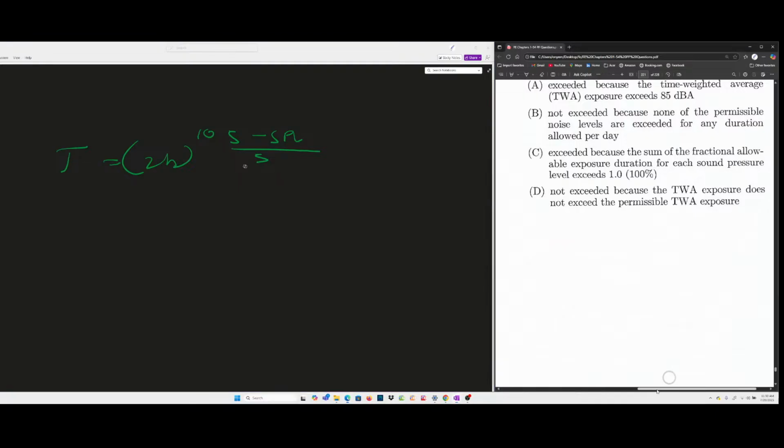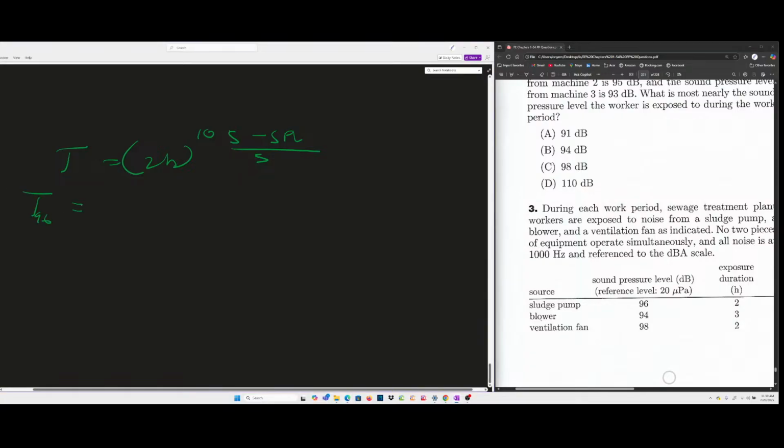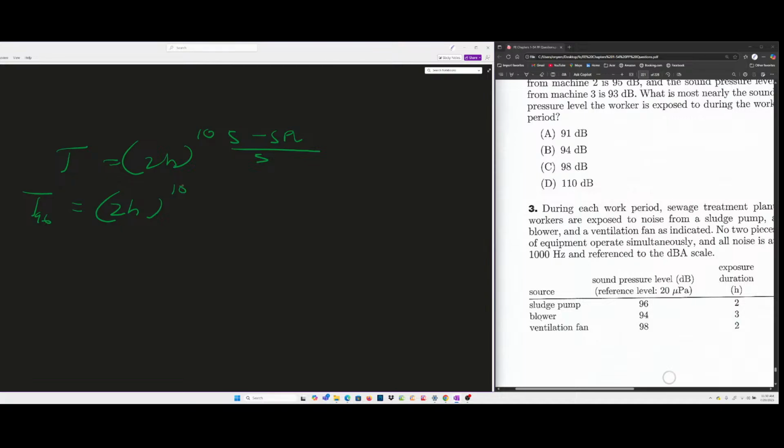So we have three of these. For the large pump I'll just call them T96. T96 is equal to 2 raised to 105 minus 96 over 5. T94 is 2 raised to 105 minus 94 over 5.